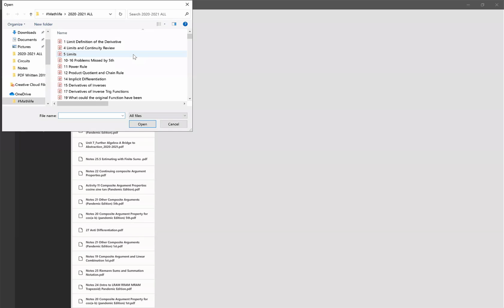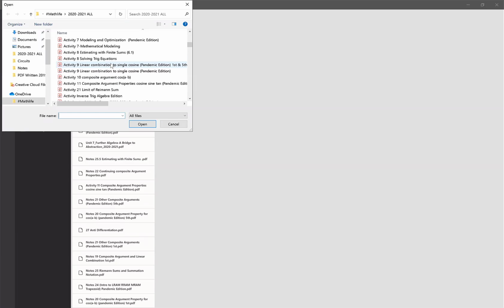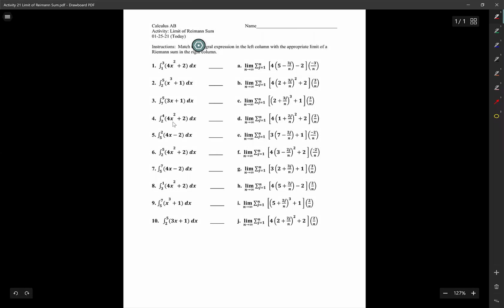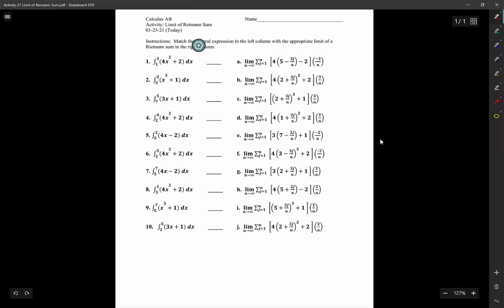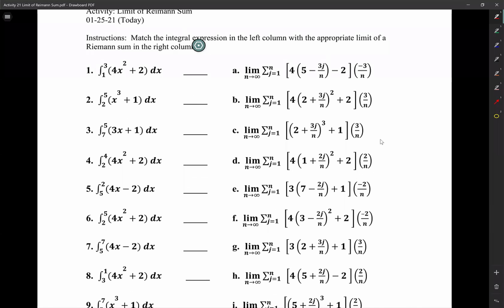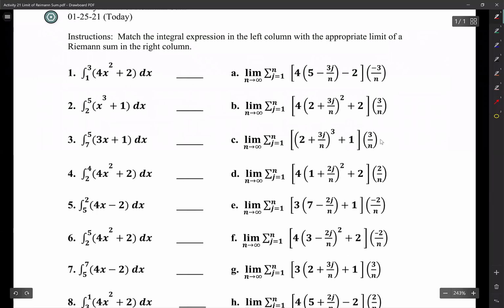All of these are Riemann sums that we're adding up rectangles. I'll wait for you guys to all come back. Okay. I'll give you guys another minute because I can see some of you guys left.